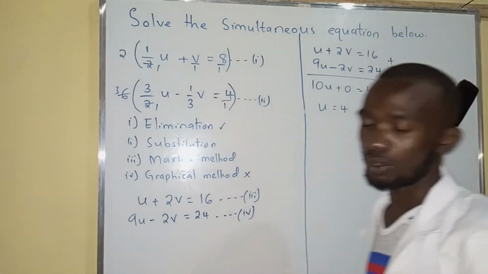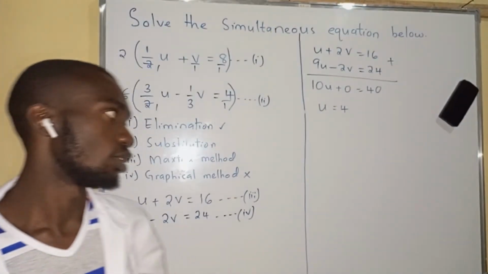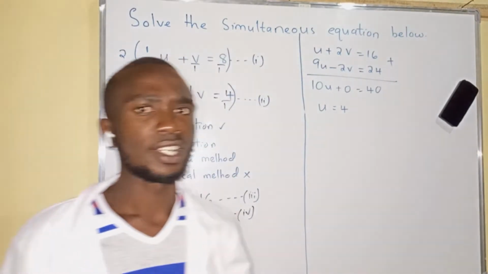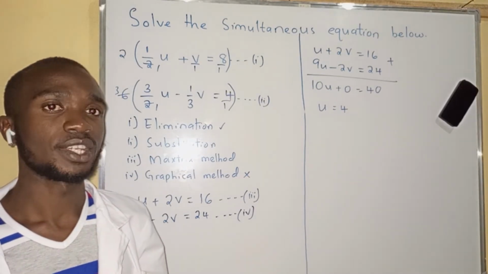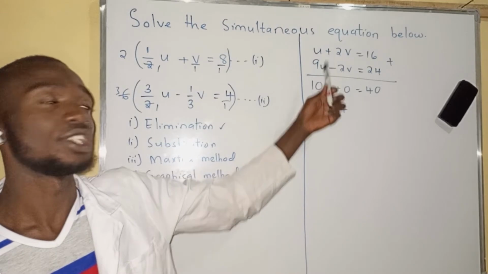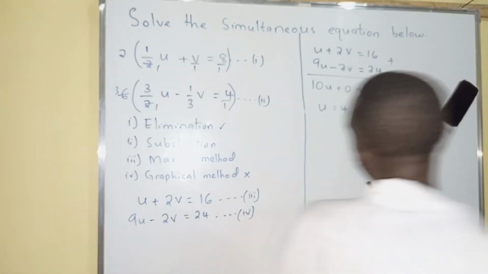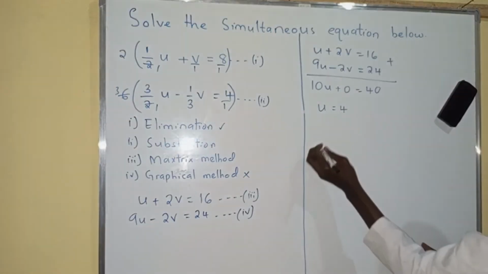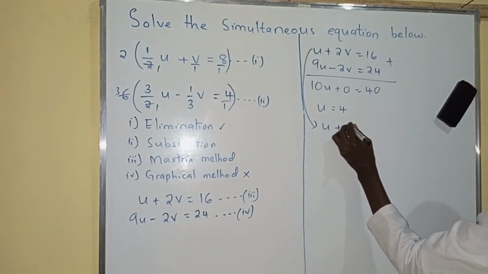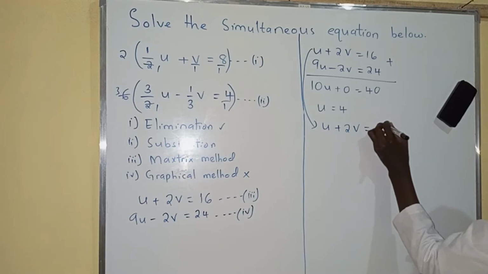That is the value of u. My u is equal to 4. Remember that I'm using the elimination method. Having obtained u, I can get v by substituting the value of u in either the first or the second equation. Using equation 3, u plus 2v is equal to 16.